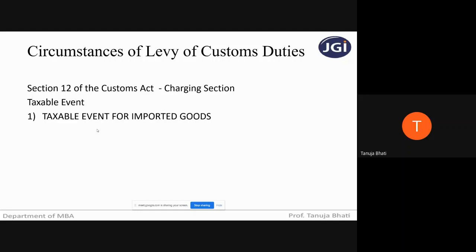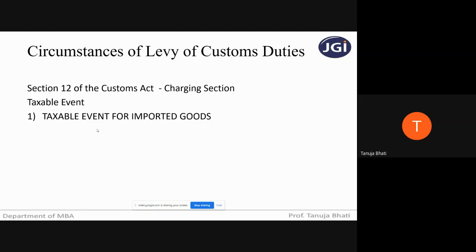Suppose the particular person has filed the bill of entry. Now I told you what is bill of entry. He's filed. The date on which he's presenting the bill of entry is not the taxable event. But taxable event is the date on which the goods are crossing the custom barriers.